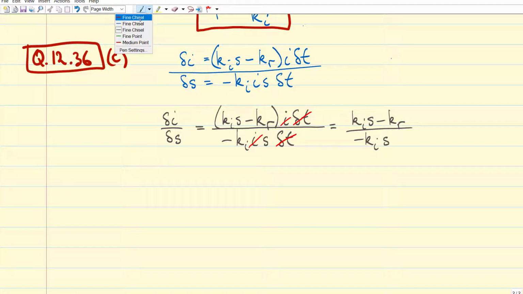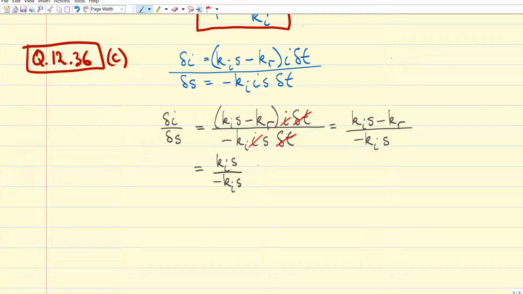Now I guess I should mention, sometimes my students go, well, that just cancels out the one on the bottom and you've got rid of it. But that's not quite how the algebra works. So let's do this properly. We'll write it out. So we'll split the fraction. So we got KIS over minus KIS.